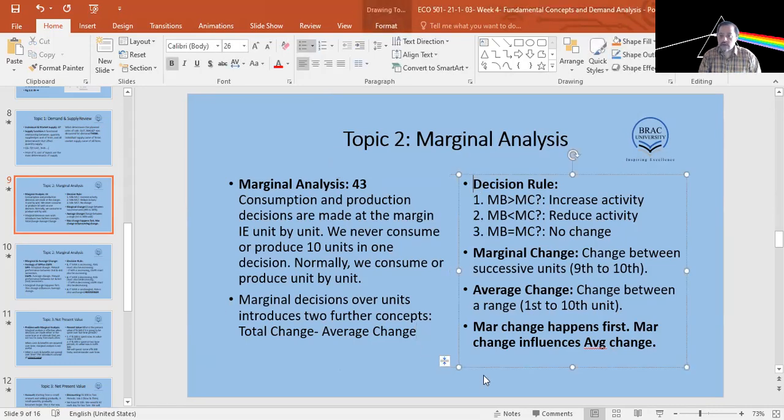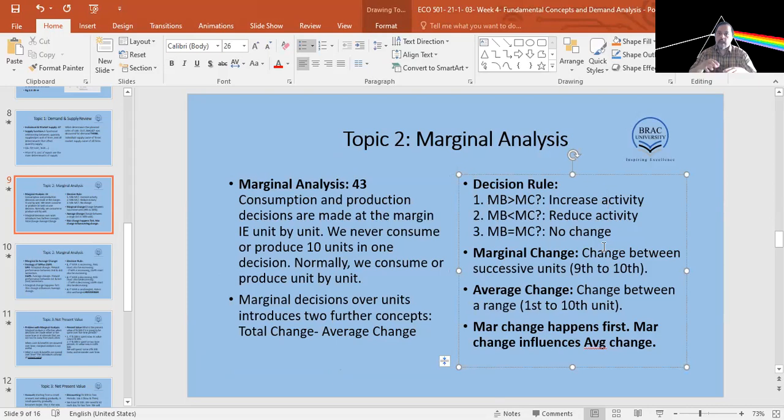First of all, let us revisit what we did in the last 2 weeks: if our additional benefit is more than our additional cost, i.e. marginal benefit is better than marginal cost, then we increase or carry on doing the activity. The reverse is true: if our additional benefit is less than our additional cost, then we reduce the activity.